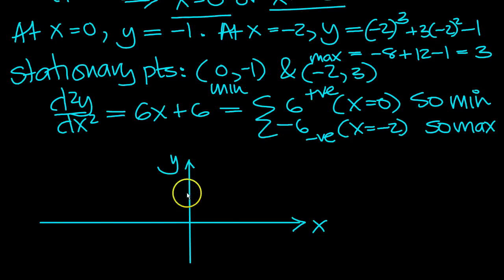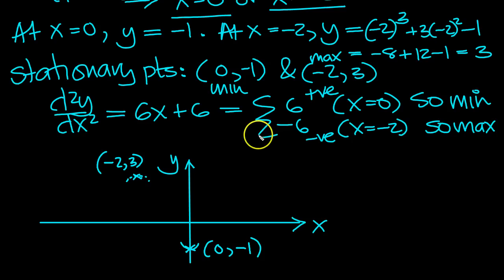We know that one is at 0, minus 1. So that's here, and that's 0, minus 1. And that was a minimum. And then we know that at minus 2, 3, so we'll put it here, minus 2 and 3, this is going to be a maximum.